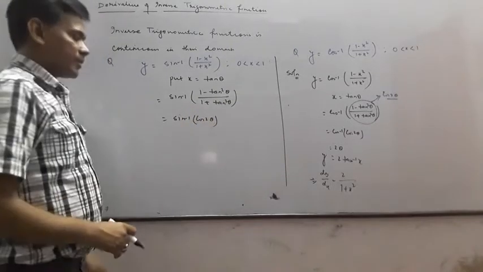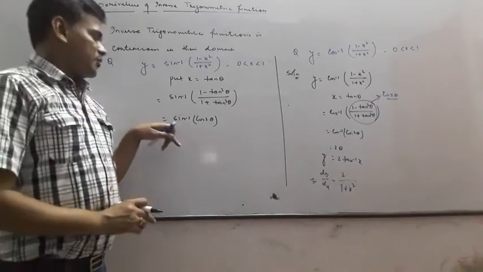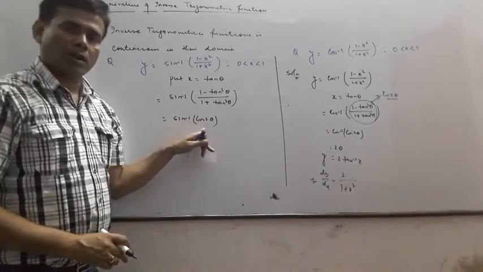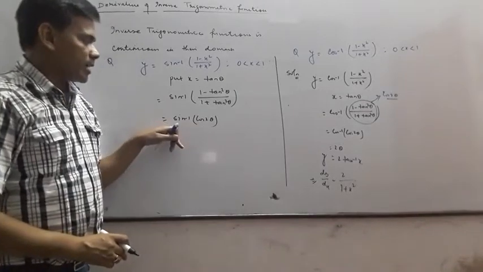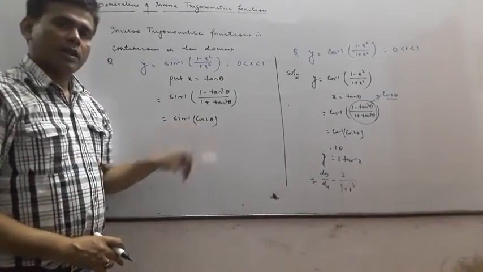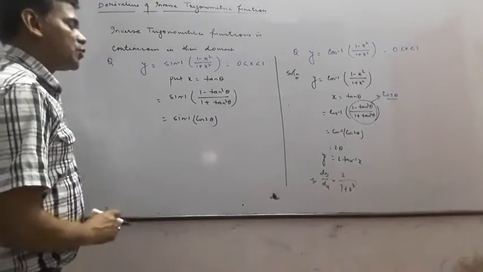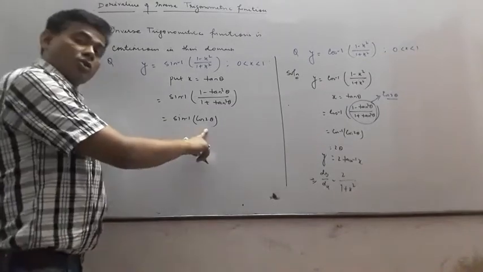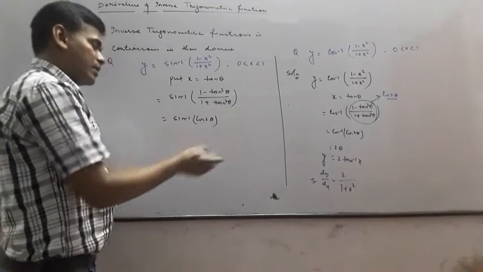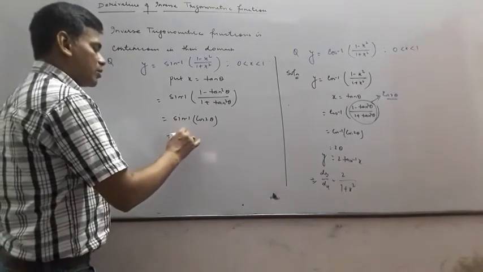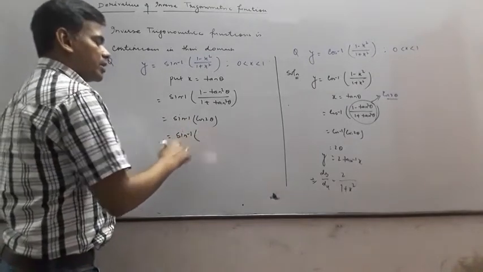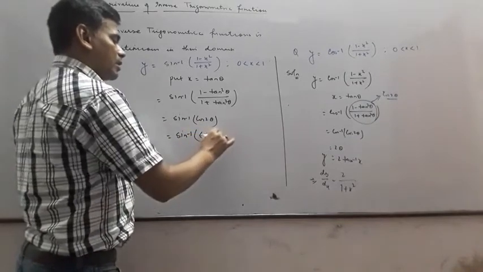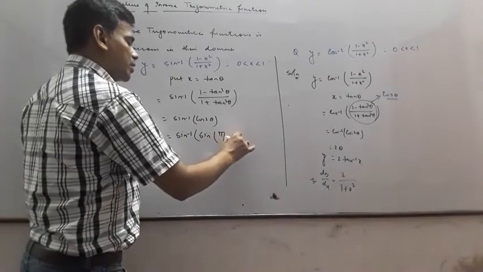Now, if it is sin, you have to bring sin here; if it is cos, you bring cos. Here it is sin inverse, but the inside is cos. So again you have to think which trigonometric formula will convert this cos 2 theta into sin. You know cos 2 theta can be written as sin of (pi by 2 minus 2 theta).